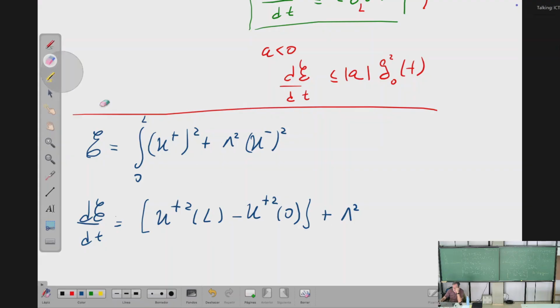I will put it just outside: minus gamma squared times u minus squared at L minus u minus squared at 0.